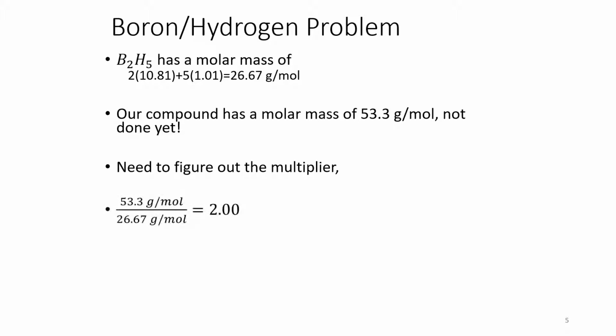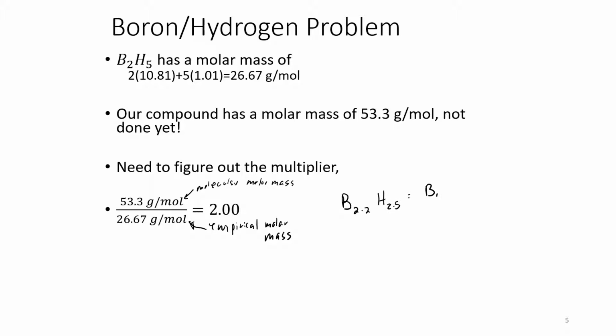So in order to figure out this multiplier, we divide our molecular molar mass by our empirical molar mass, and we find that ratio being 2. So therefore we have to take boron 2 times 2 and hydrogen 2 times 5.